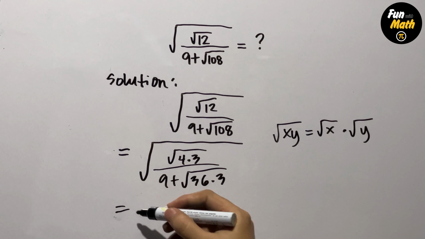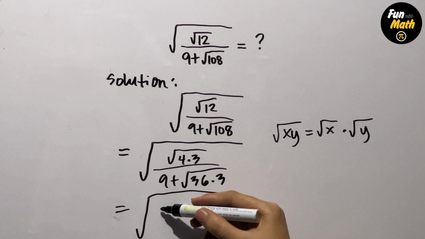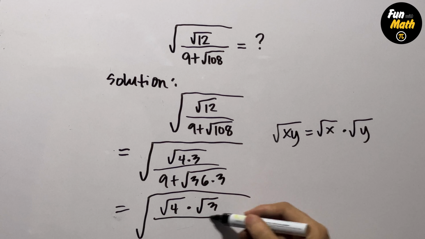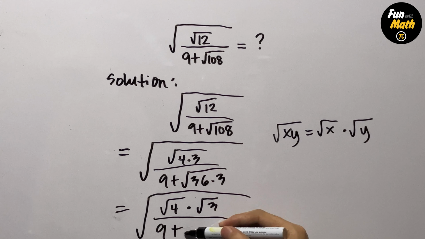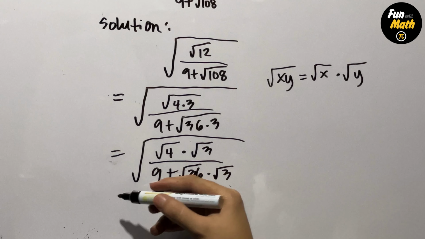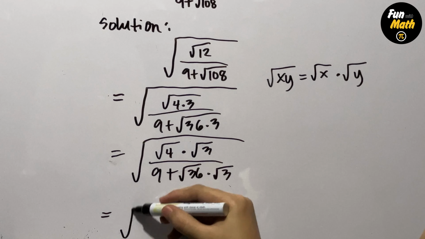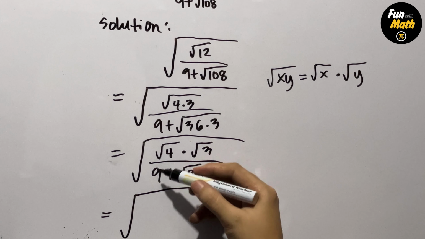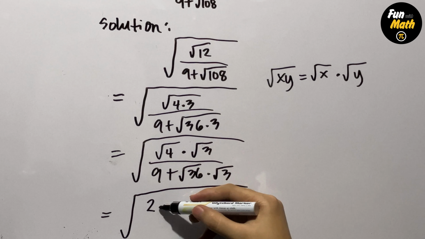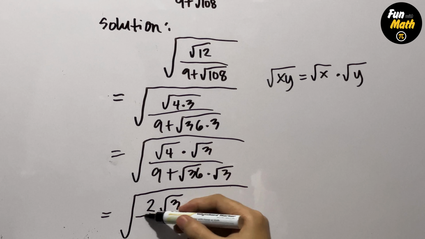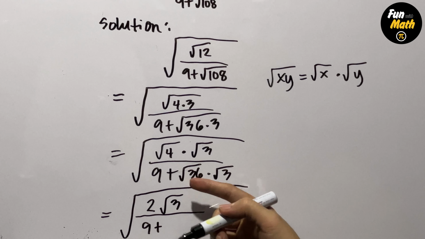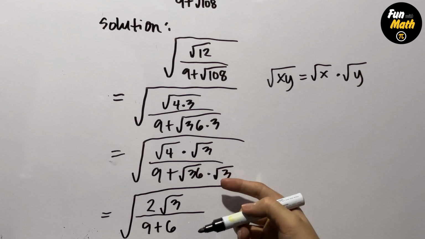So this is equals square root of 4 times square root of 3 over 9 plus square root of 36 times square root of 3. And this is equals square root of 4 is 2 times the square root of 3, over 9 plus square root of 36 is 6 times square root of 3.